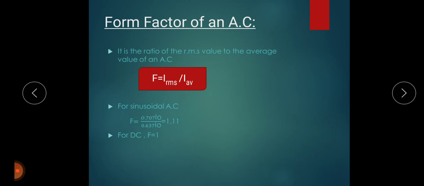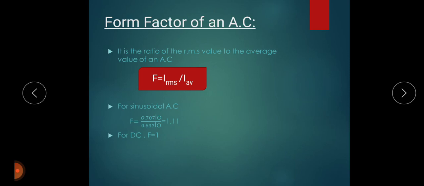So 0.707 divided by 0.637, where I naught gets cancelled, remaining is 1.11 for sinusoidal alternating current. For direct current, the form factor is equal to 1.